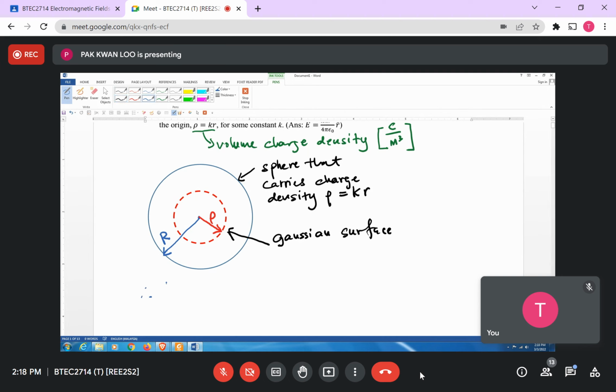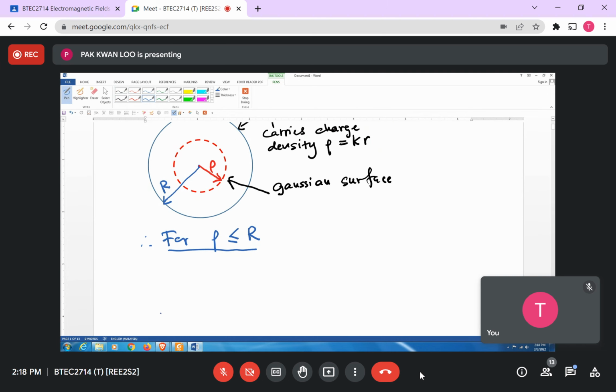Therefore, for inside the sphere, r prime is less than or equal to R, which indicates that we are evaluating the electric field inside the sphere.